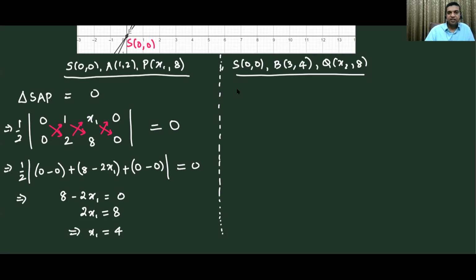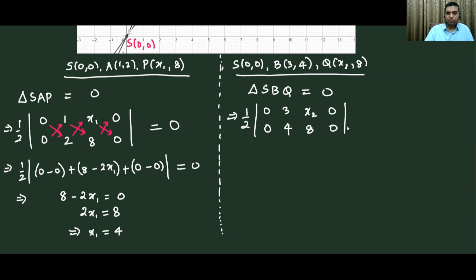All right. Next, area of triangle SBQ is 0. So again this implies half of the determinant 0 0, 3 4, x2 8 and then 0 0 equal to 0.